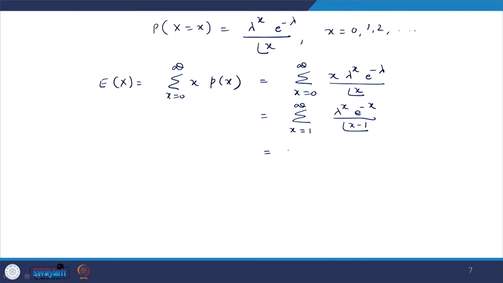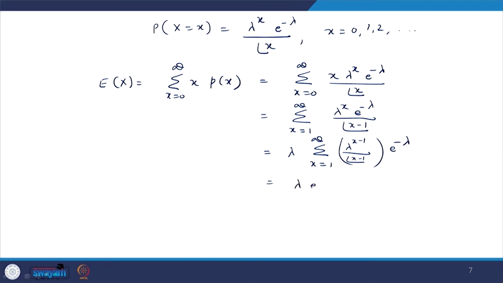Now, you can take one lambda common. So, it is x from 1 to infinity of lambda raised to power x minus 1 upon factorial x minus 1, and e raised to power minus lambda. This e raised to power minus lambda will come out because it is free from x.